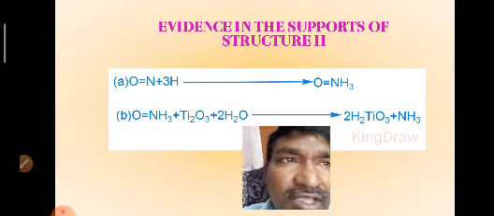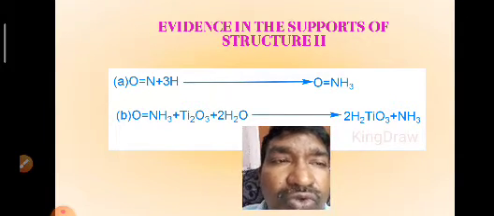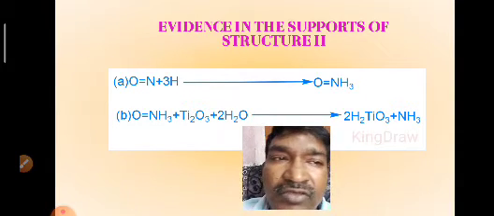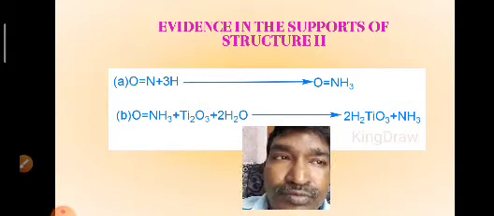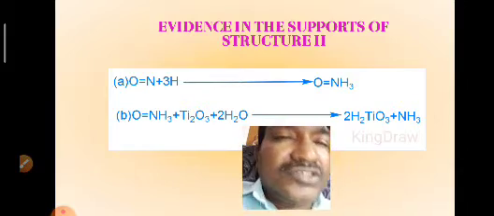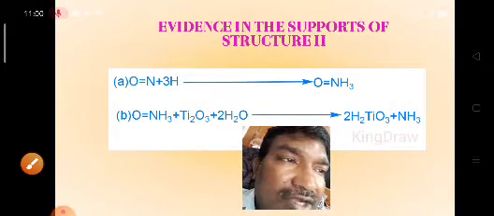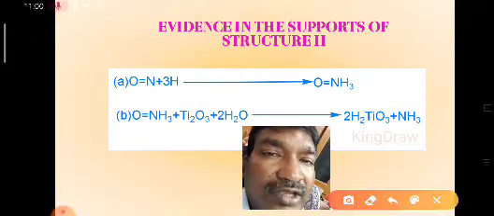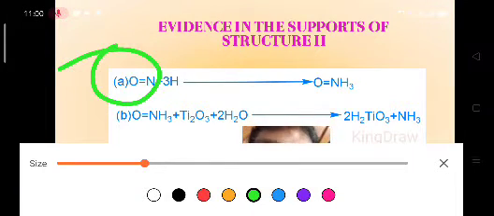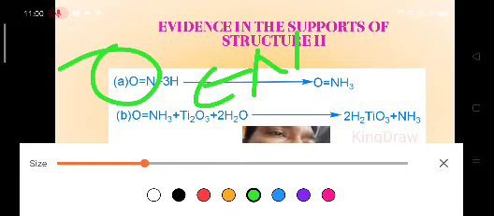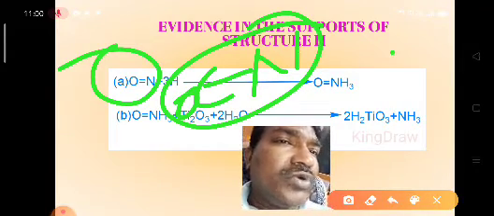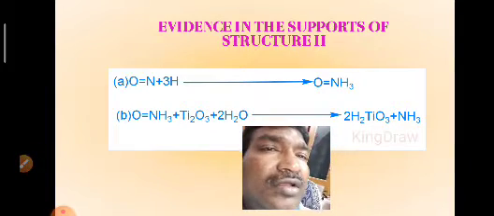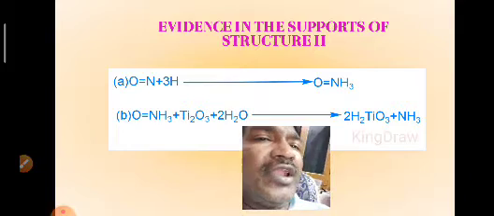Now we have the evidences in support of structure 2 also. Already we have learned that hydroxylamine is prepared by reducing nitric oxide. We already know the structure of nitric oxide; its formula is NO. Again, we can write this in the form of coordinate covalent bonds also. If the structure is not like that, we can't get hydroxylamine by reducing nitric oxide.